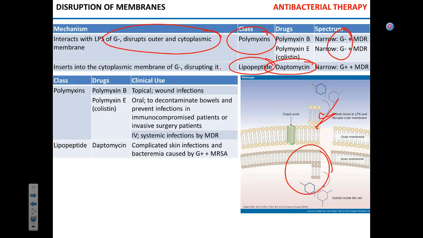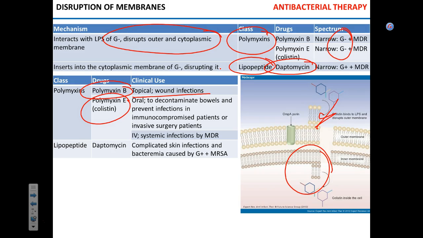Now, what are they used for? Polymyxin B is used for topical treatments. You can find it in the antibacterial ointments. Polymyxin E, or colistin, is used to treat severe bacterial infections.